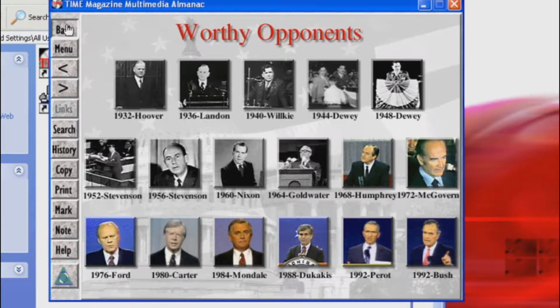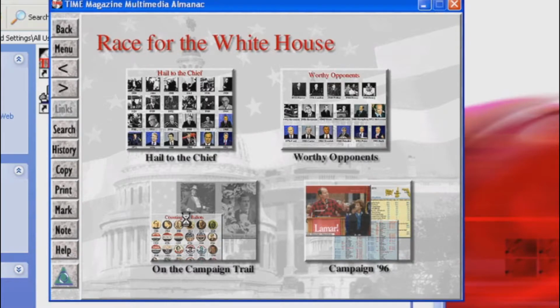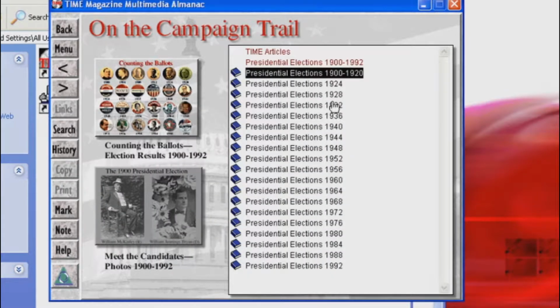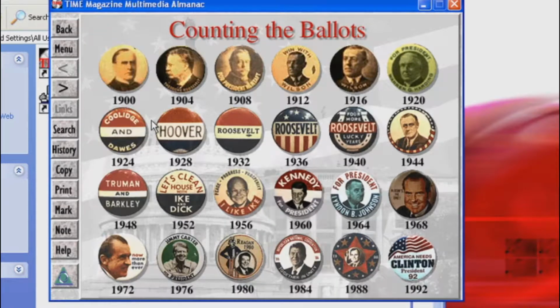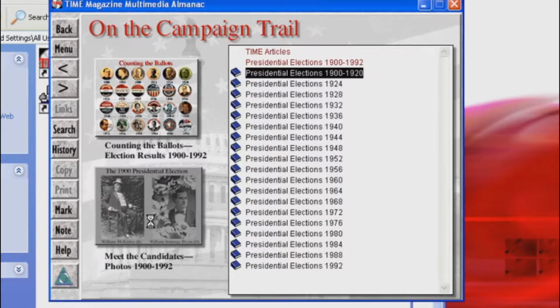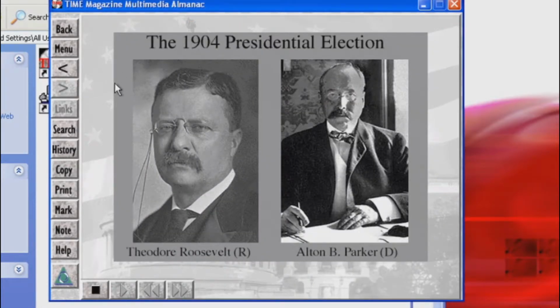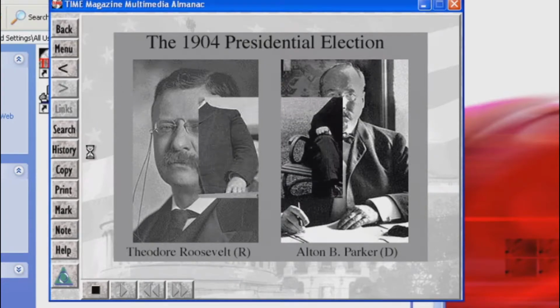That's kind of funny. On the campaign trail, there are all the little campaign buttons for every election. And here's all the presidents that have been elected in a slideshow.